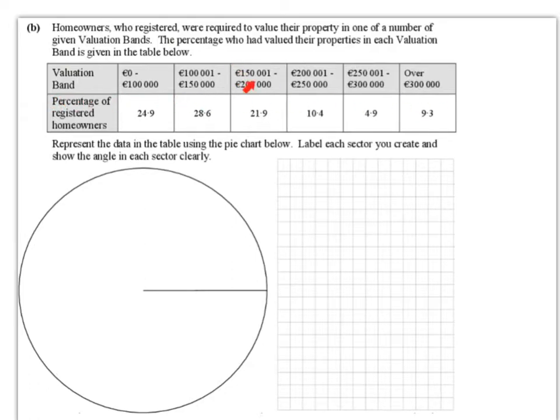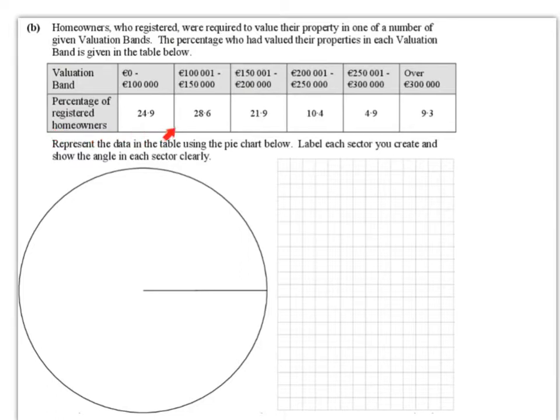And the next row is the percentage of registered homeowners. So for example, 24.9% are in the valuation band of 0 to 100,000 euro. 28.6% are in the valuation band of 100,001 euro to 150,000 euro, and so on.